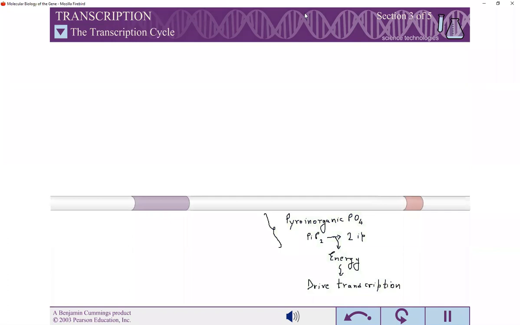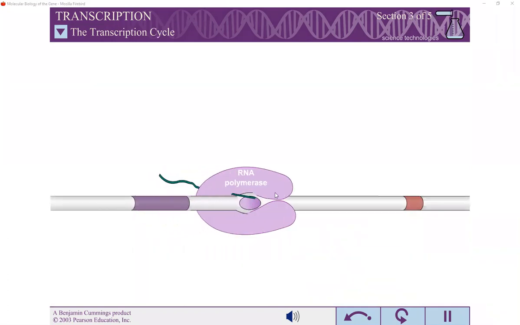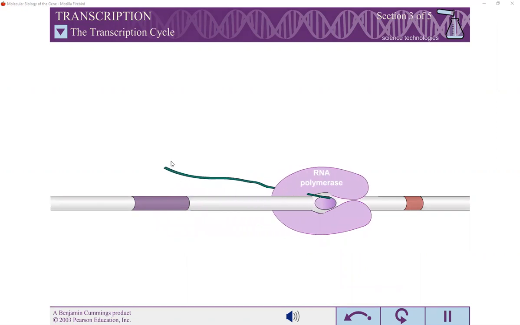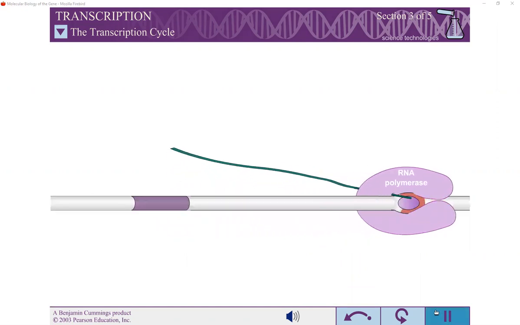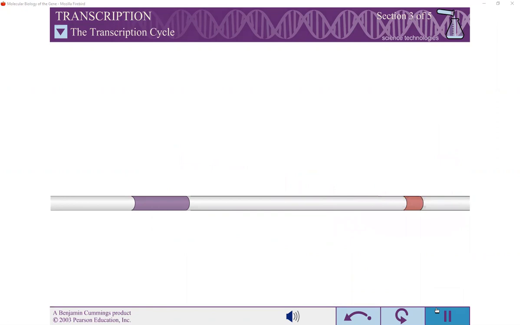The transcription cycle is the series of events between binding of RNA polymerase to the target gene and dissociation of RNA polymerase and the completed RNA transcript from the DNA. So the process of transcription can be categorized into three different parts. The first process, where the binding takes place and the first RNA transcript is produced, is referred to as initiation.